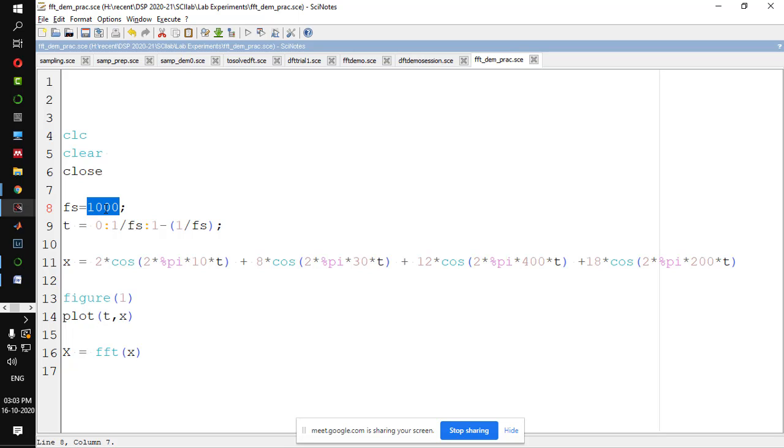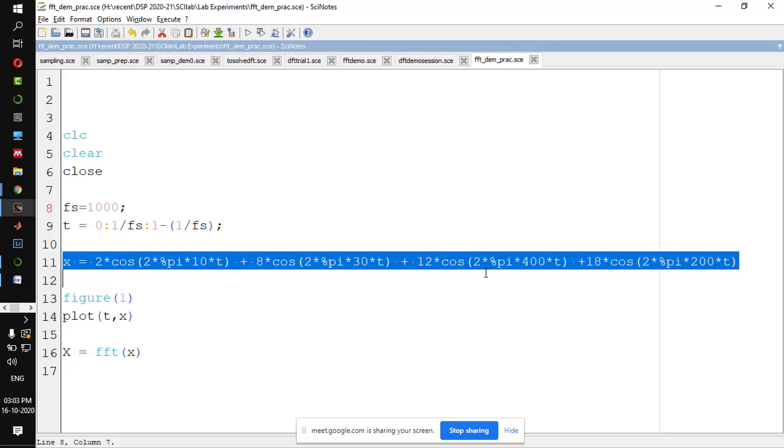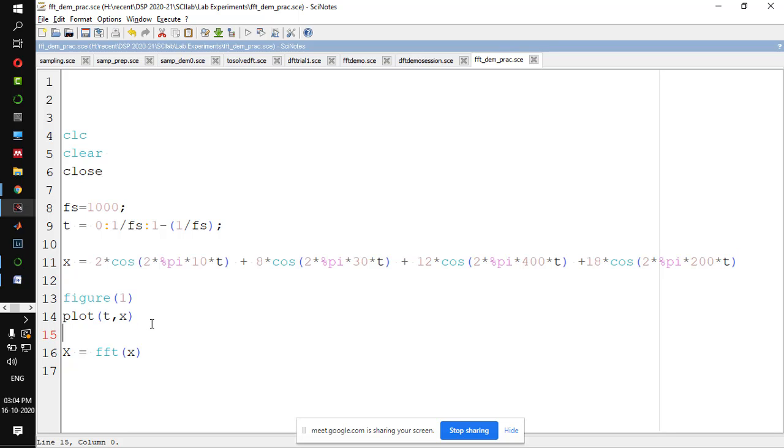If I take the sampling frequency as 50k, I have to take a 50k point DFT of this sequence. You're getting the point? I'm trying to convince you of the practical difficulties. The theory is just 4 point and 8 point, maximum 16 point. In the practical case, it is like 1000, depending upon the sampling frequency, that many point DFT I have to take.